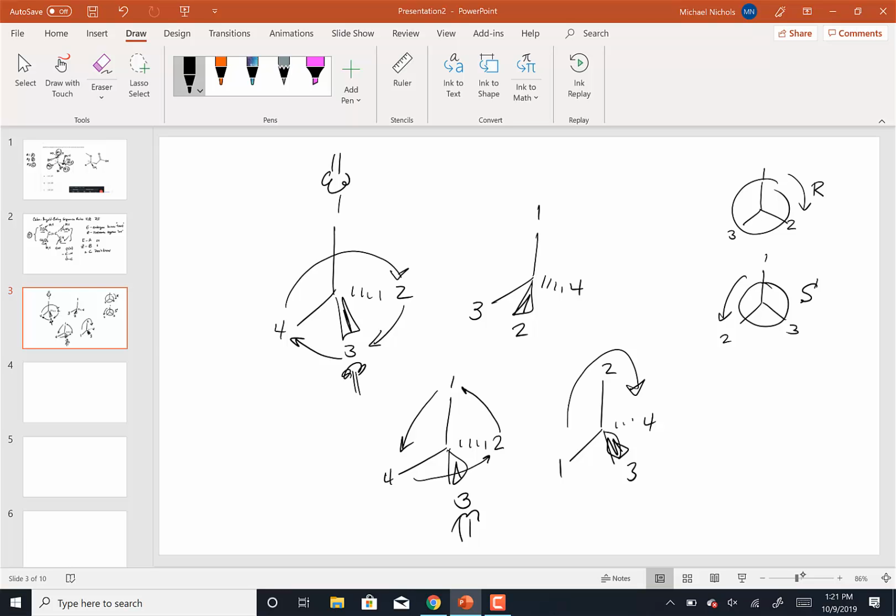Up here, going from 1 to 2 to 3 is in that direction. And that direction is clockwise, which hopefully I get the same answer the same way. So now I've got R. So that molecule would have been the R configuration.